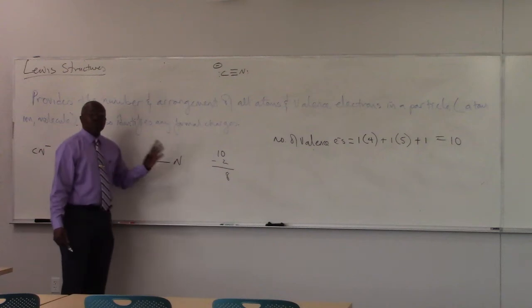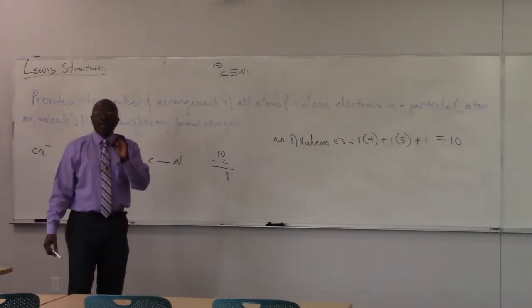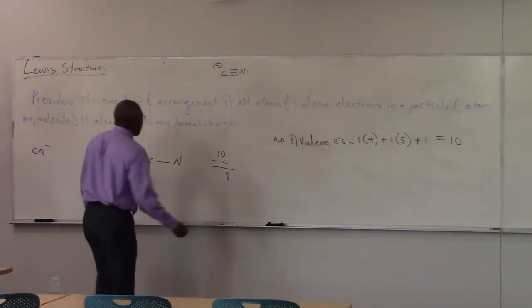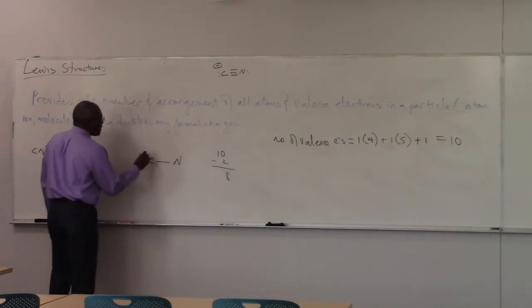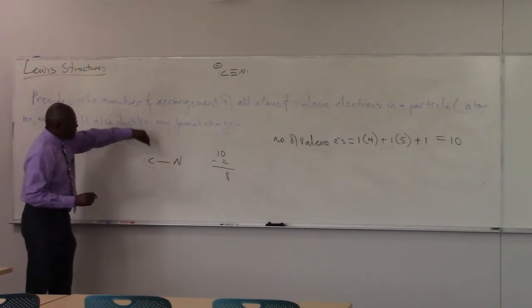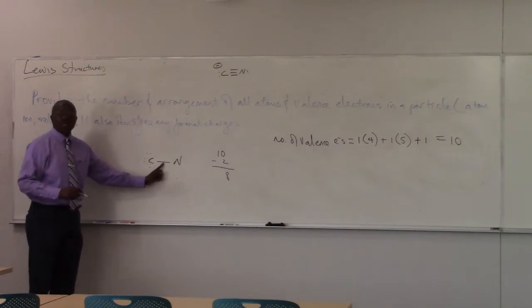At this point, my rule is I want to make sure the atoms have noble gas configurations. So what if I decided to take my 8 electrons and say 2, 4, 6, I'll have to stop here because the carbon already now has an octet. It's got 2, 4, 6, and I share those 2 electrons.